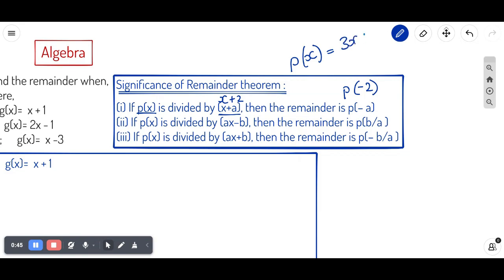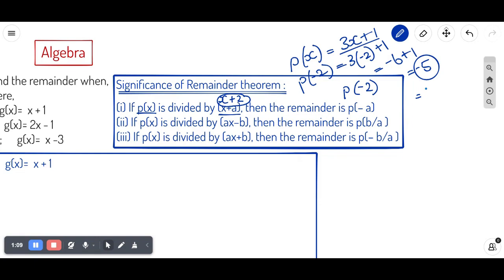Suppose you have 3x plus 1, you replace x with minus 2 to get your remainder. So p of minus 2 is minus 6 plus 1, that is equal to minus 5. This is your remainder when you divide p of x with x plus 2. So this is the theorem.